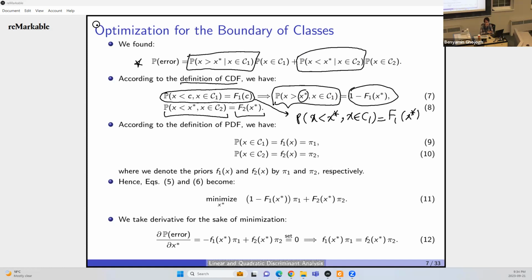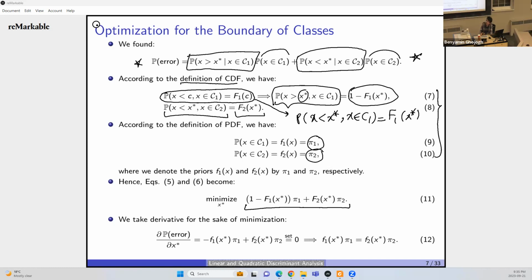Agreed? Okay. Also, what about these priors? I denote them by pi 1 and pi 2. These are the priors of the classes. Okay. So if I put these equations inside the probability of error, I will have this, right? Put equations 7, 8, 9, and 10 in this. You will get equation 11.